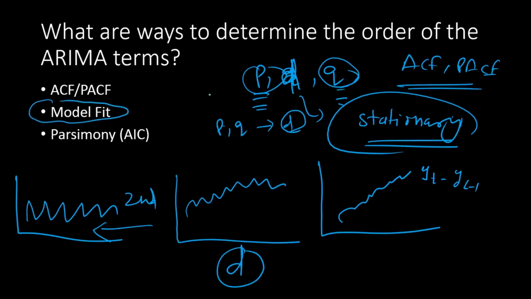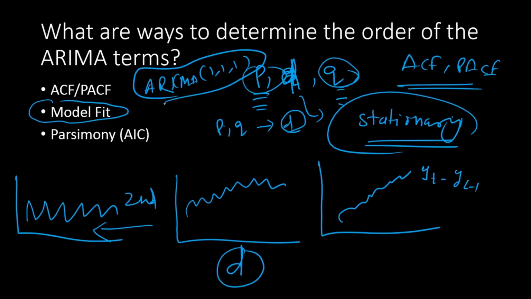To make it simpler, let's take an example. Say you found a model which you think is ARIMA(1,1,1). You found that only one difference is required, and one AR term and one MA term, and maybe the error terms are also white noise.